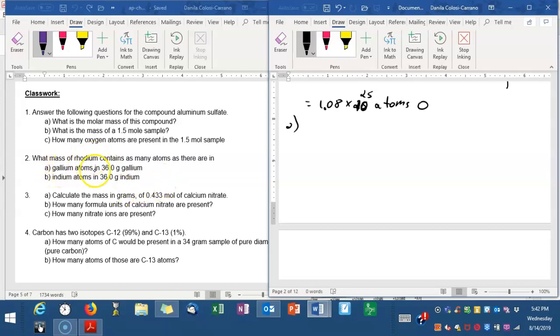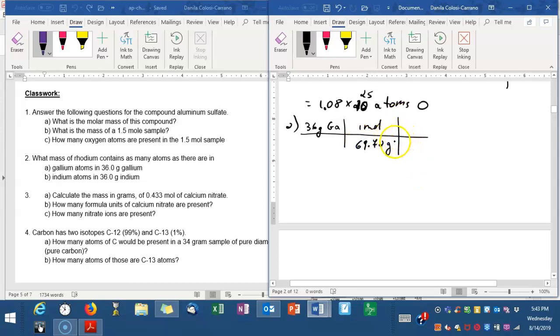So gallium atoms, they want to know how many atoms are there in 36 grams of gallium. Okay, 1 mole of gallium has a weight of 69.72 grams.